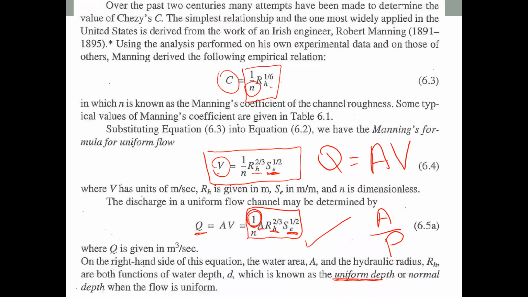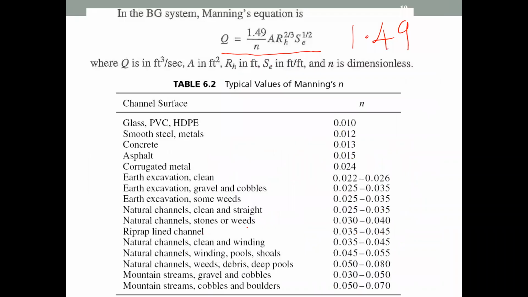Now, it is a matter of finding this n to find the flow rate. So we have to find out what the Manning coefficient is. Manning defined different coefficients for different types of channels. For example, in the open channel flow experiment, there is a glass channel that we have. In that case, it is a very smooth surface.